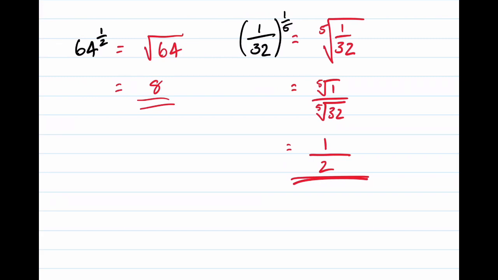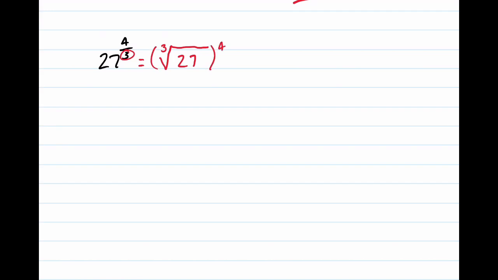Let's try an example like this. Let's say we have 27 raised to the power of 4 over 3. So this means we're going to take the third root of 27 and then we're going to raise that to the power of 4.